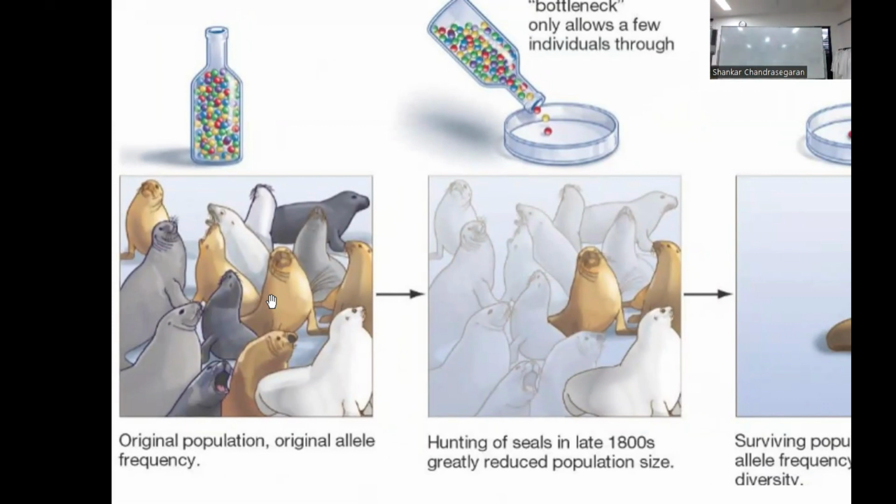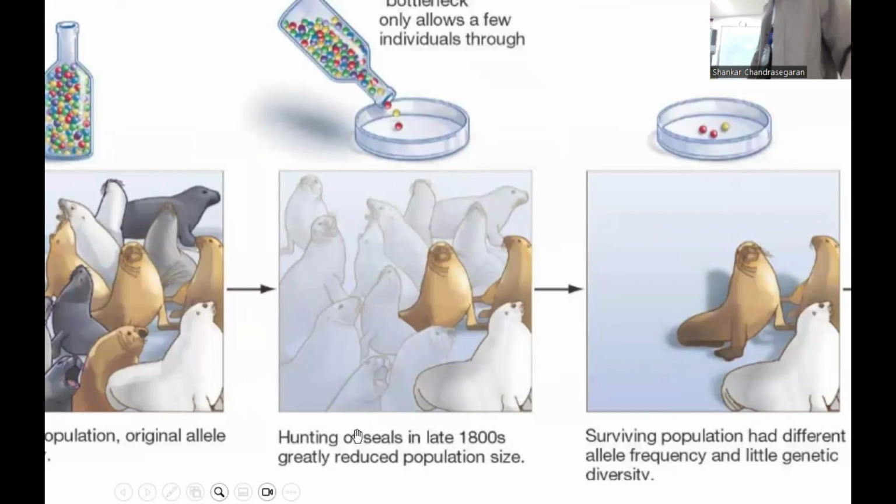We have gray seals, brown seals, white seals, and black seals, all within the same population, and there's a high amount of genetic diversity within this population. But suddenly there is a random occurrence that changes this, where the hunting of seals in the late 1800s greatly reduced their population size.